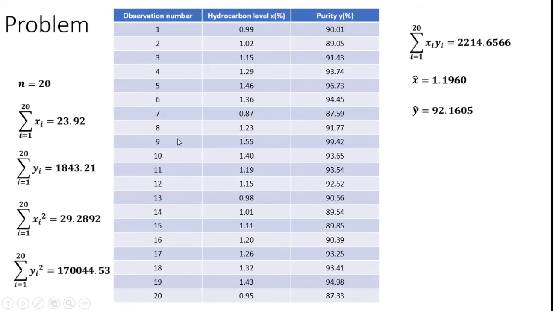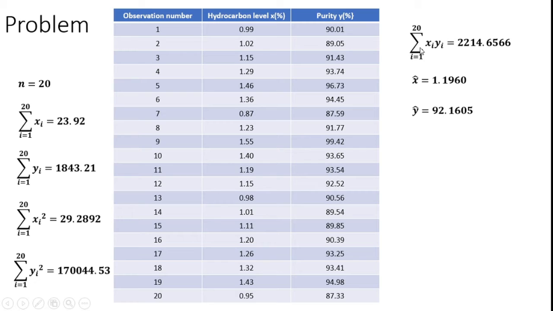Here also 20 observations are available. Summation of yi for i equal to 1 to 20 is 1843.21. Then I take the squares of the x column and y column. The sum of xi squared for i equal to 1 to 20 is 29.2892. Similarly, the sum of yi squared is 170,044.53.